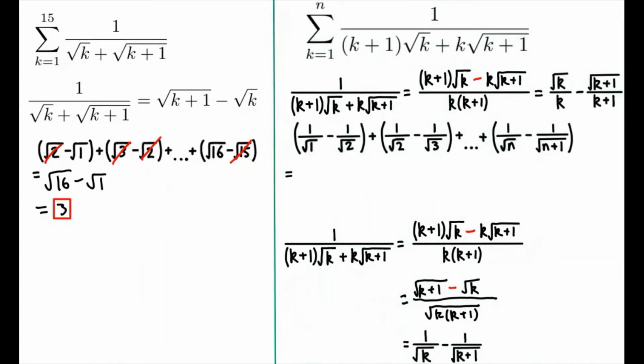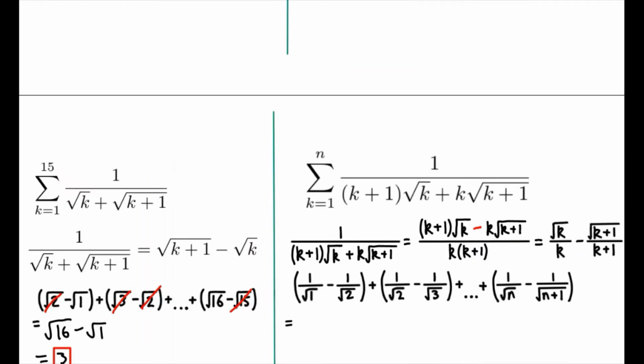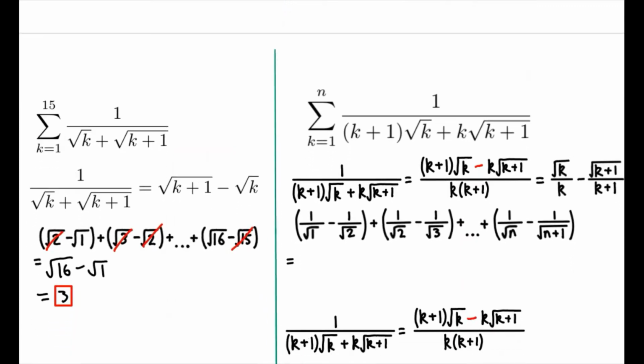In our last example, we have to find the sum of 1 divided by (k+1 times square root of k plus k times square root of k+1), where k is equal to 1 all the way to n.